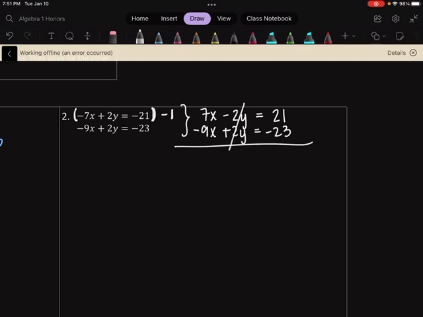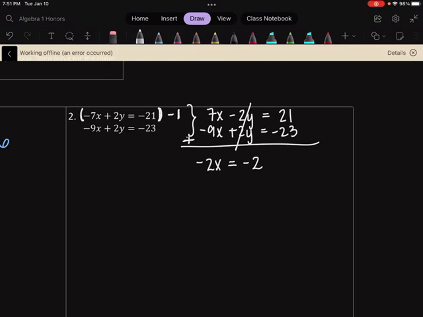And I have 7x plus a negative 9x, that is negative 2x, is equal to 21 plus a negative 23, which is negative 2 as well. So again, I don't necessarily always put this plus sign here because I know I'm just basically combining these to get to here, right? And then I solve for x. So I'm going to divide by 2, x is equal to positive 1.